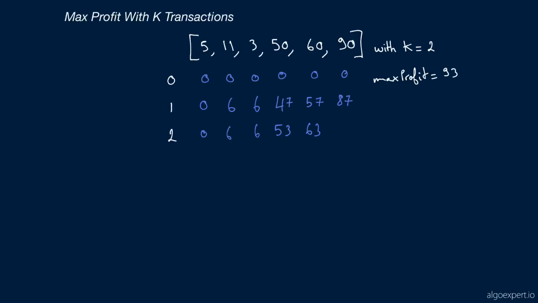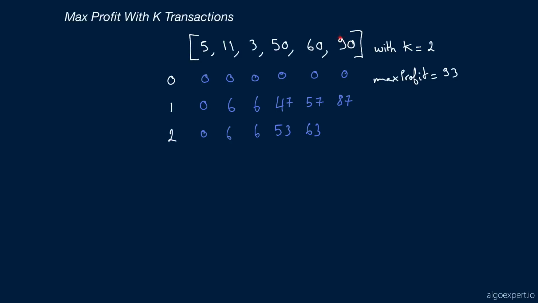Either we decide that we want to sell our stock at this price, in which case we're going to have bought it beforehand, and we'll make the difference between whatever we bought it at and whatever we sell it at. Or we say, no, we don't want to sell it here.